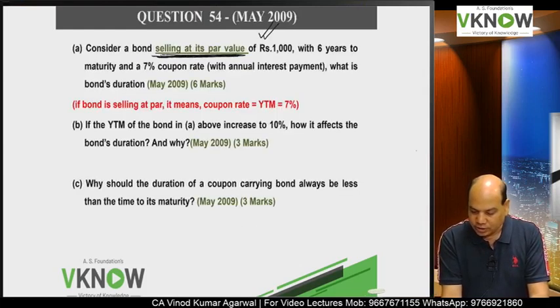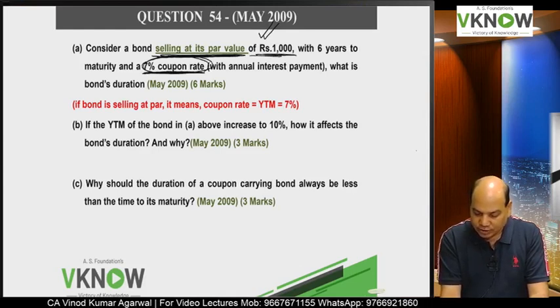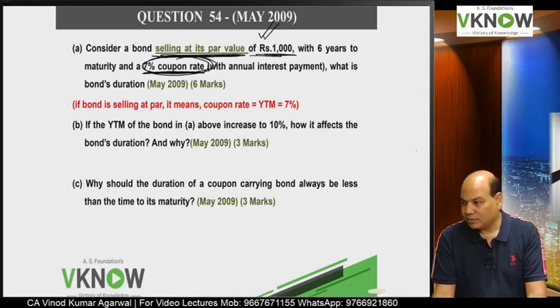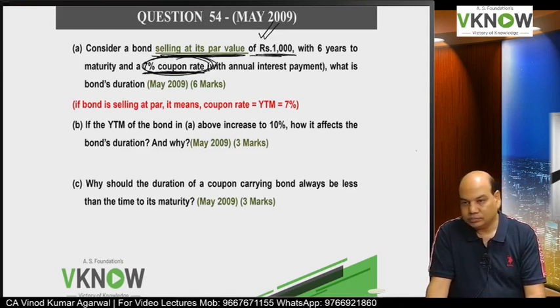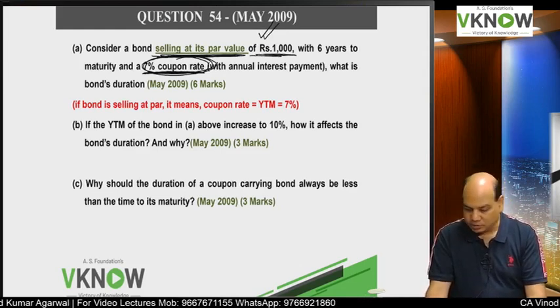This is a hint. What is the hint? The hint is that if the coupon rate is 7% and redemption is also at par, please tell me what is the YTM. Quickly reply. What is the YTM? 7%.